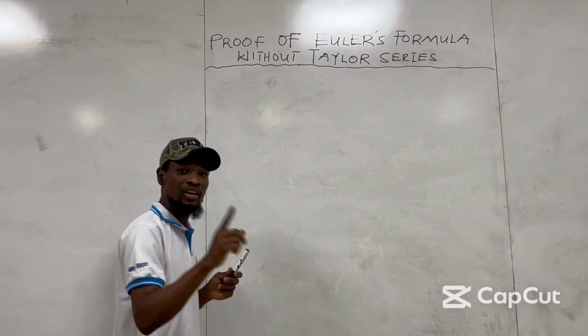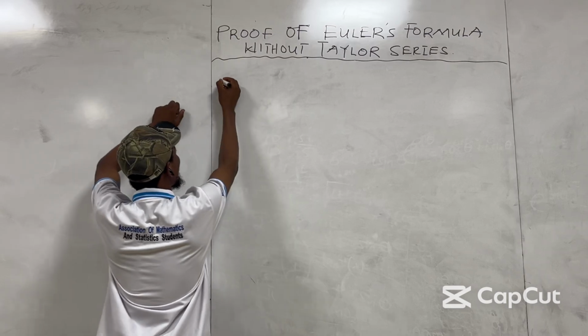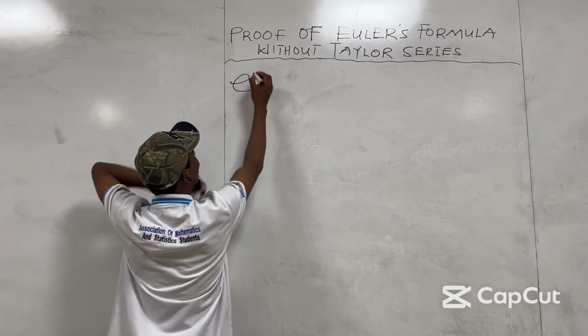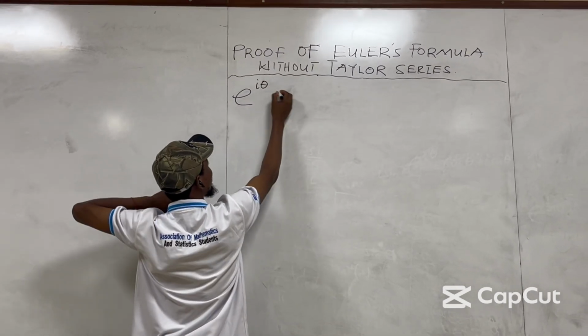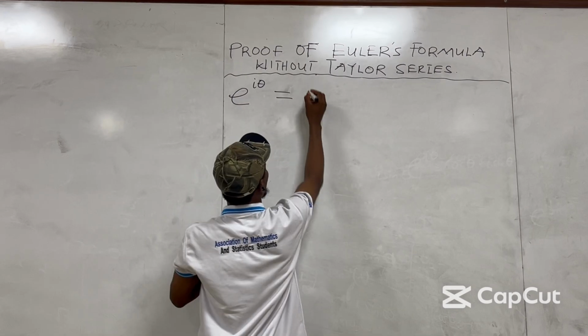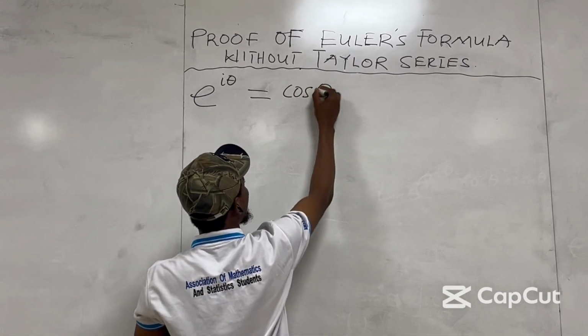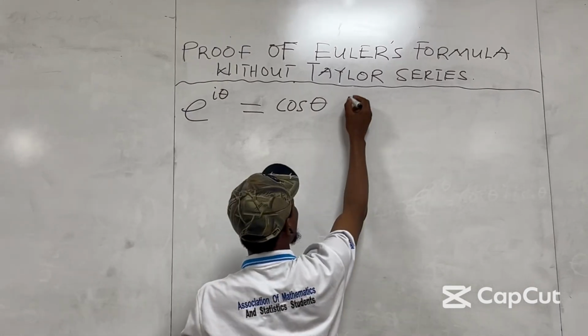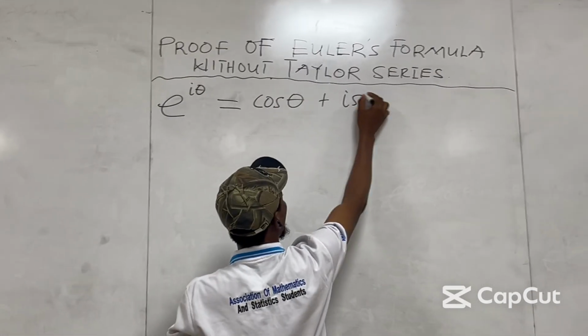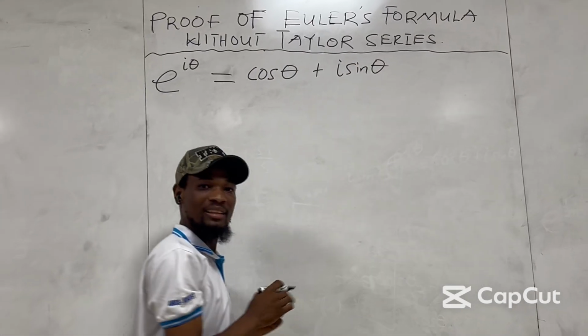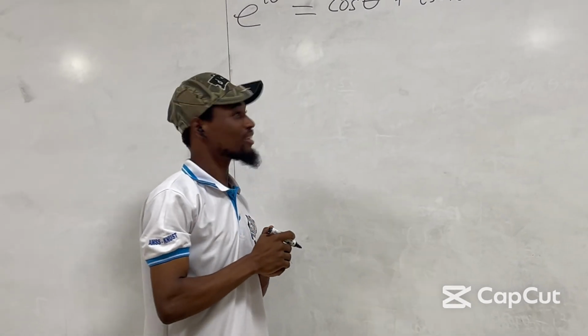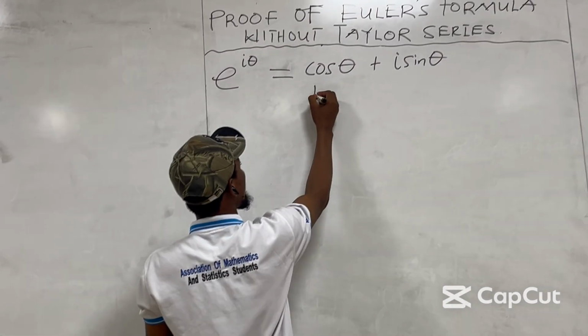Now, we already know that e to the power i theta equals cos θ plus i sin θ. So let's look at the proof.